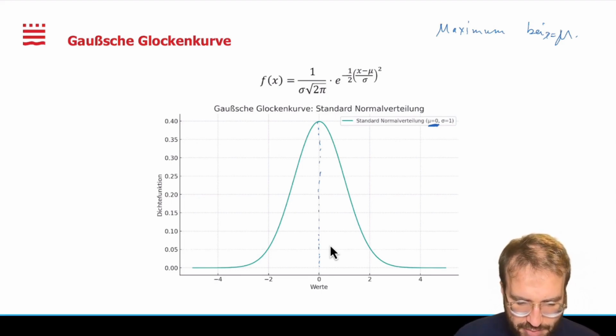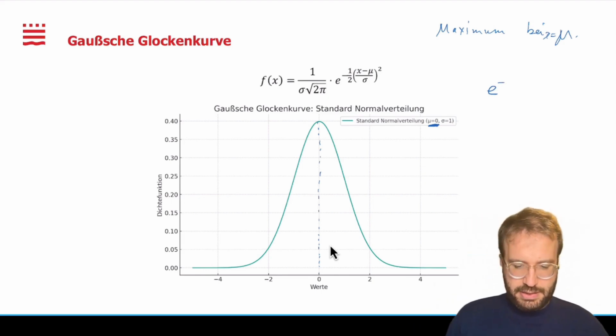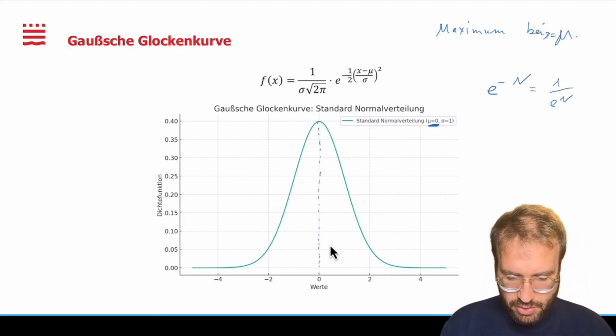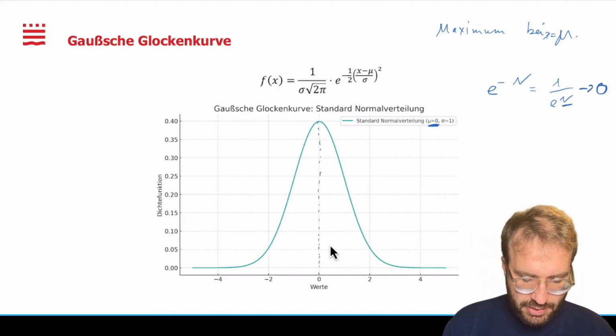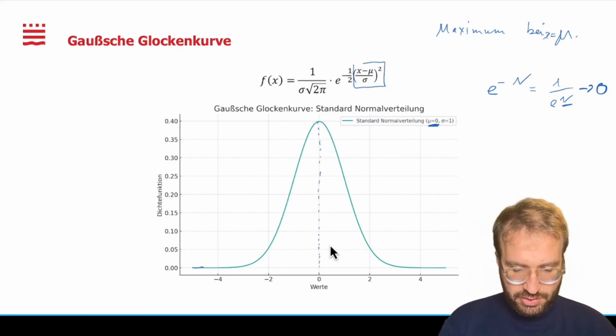And we can think about this for a moment, because when we have e to the power of minus something, and that something goes towards positive infinity as we approach positive infinity, I'll write something like big N here, and that's actually 1 over e to the power of N. And you see, when N becomes particularly large, then it all tends towards 0. And when x approaches negative infinity, well, then x squared remains positive, so it also tends towards 0 for the same reason.